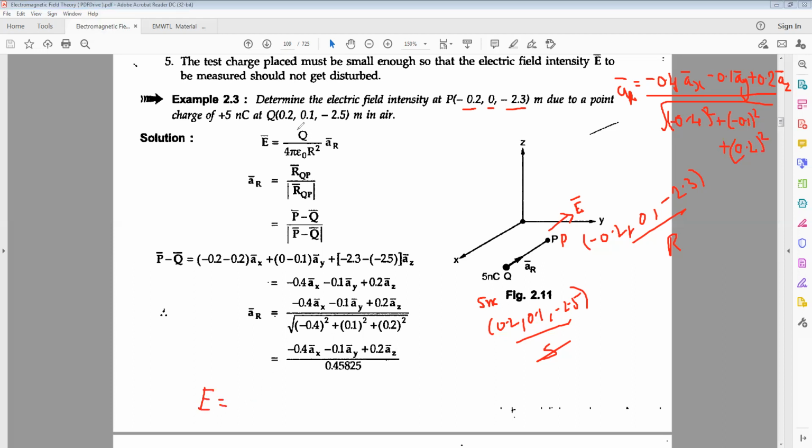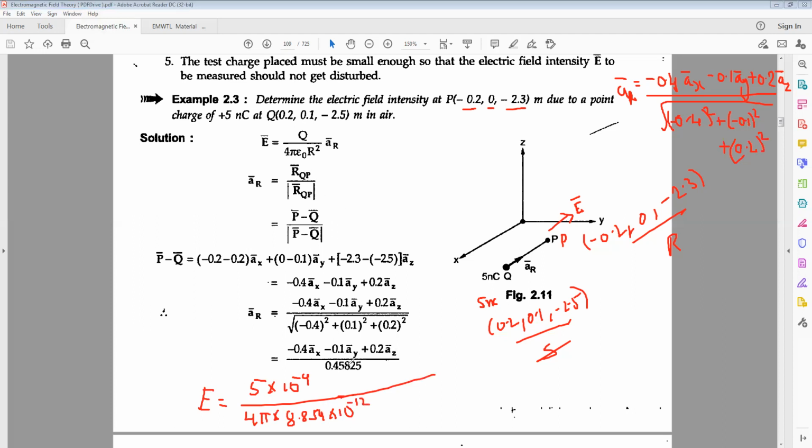E is equal to the charge Q, 5 nano, 5 into 10 to the power of minus 9, divided by 4 pi into 8.854 into 10 to the power of minus 12, and R square.